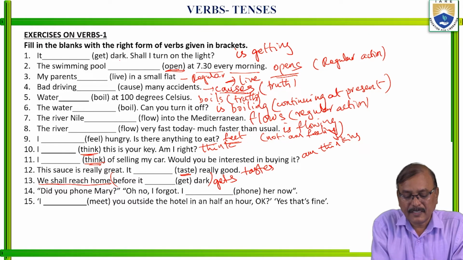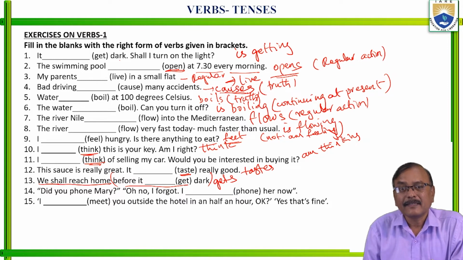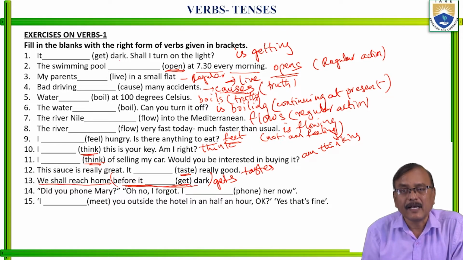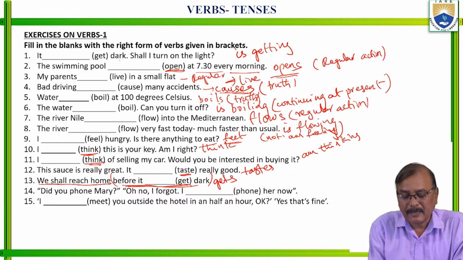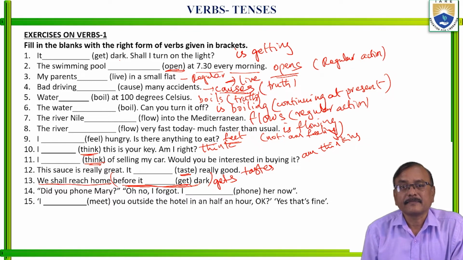Read only that part. Is it giving complete meaning? Before it gets dark, what should we do? So this is an incomplete clause, called a subordinate clause.